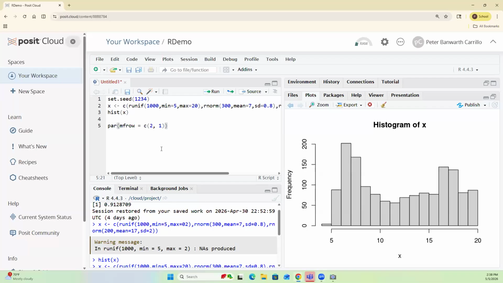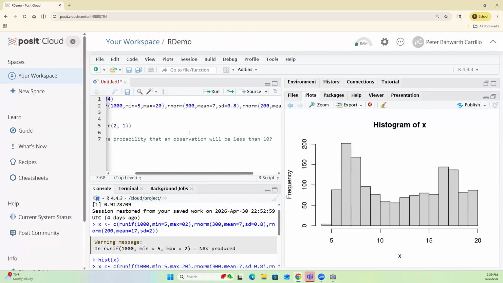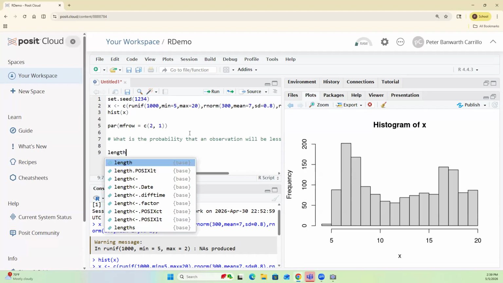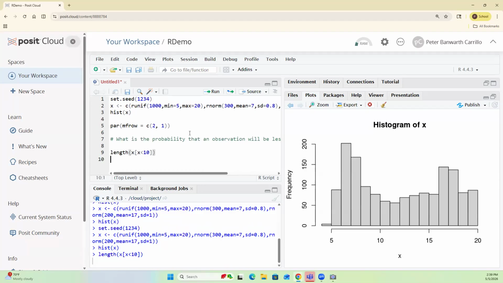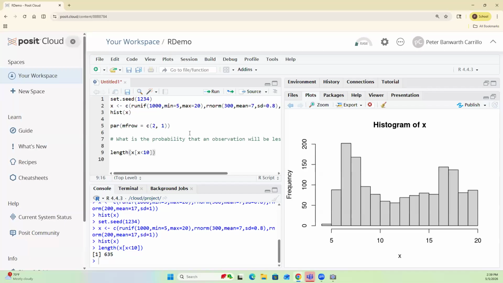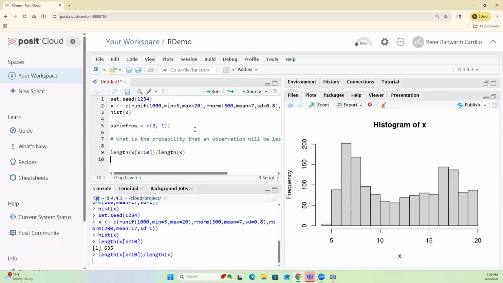We can still ask questions about it. For example, I can ask, what is the probability that an observation will be less than 10? But I can't use my normal distribution tools to answer this. What I have to do is just say, okay, how much data is less than 10 divided by how much data is there altogether?